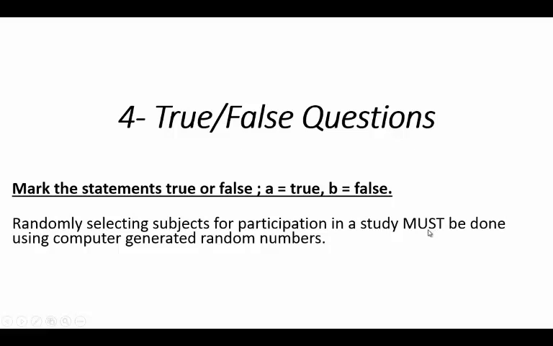It means that you cannot do this without this. So randomly selecting subjects for participation in a study must be done using computer-generated random numbers means that if you don't have computer-generated random numbers, you cannot do random selection.